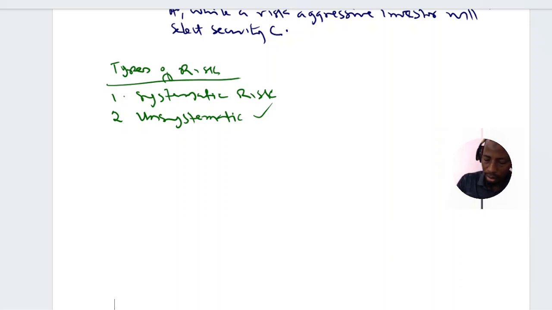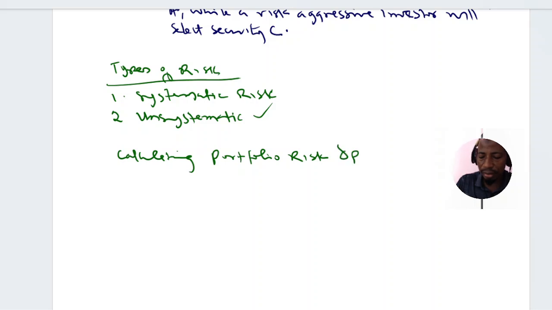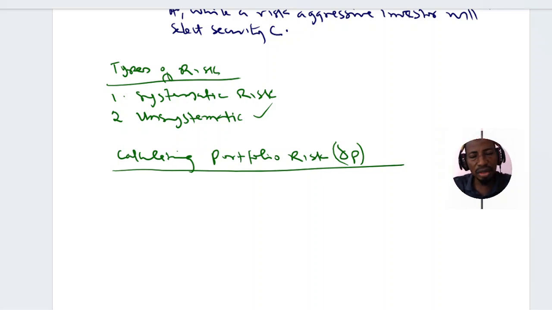Now, calculating portfolio risk. Portfolio risk is denoted as sigma P. Remember, I said that standard deviation is used to measure the risk of a portfolio, and the higher the standard deviation, the higher the risk of the portfolio.